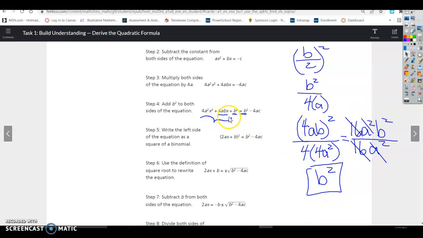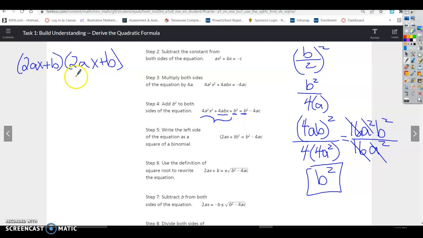So then they can take this and write it in factored form. Again, remember it's just the square root of this term and then the square root of the last term, and then the middle term is built in. If you want to check this step as well, you can do 2ax plus b, and this squared means this times itself.